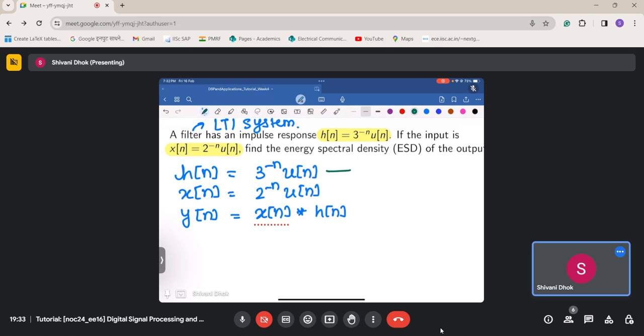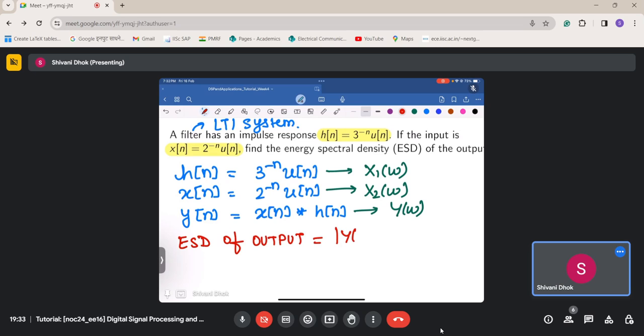Let's say this has DTFT X1(omega), this has DTFT X2(omega), and this has DTFT Y(omega). So the energy spectral density of the output is the magnitude of Y(omega) squared.